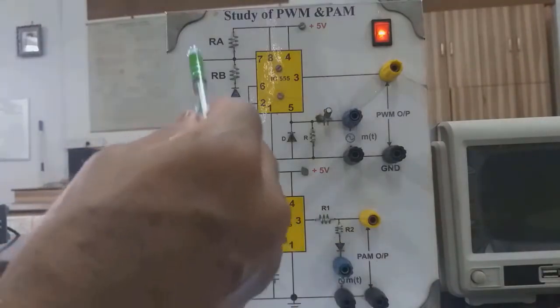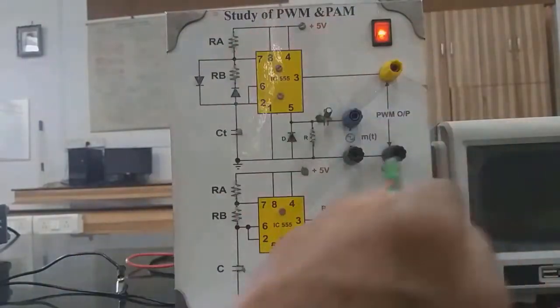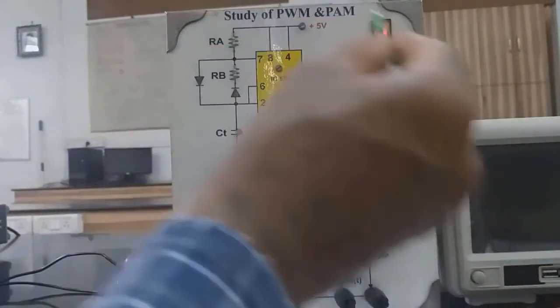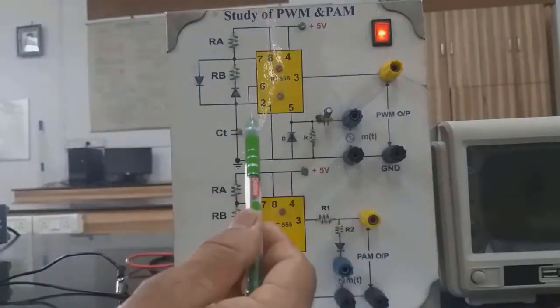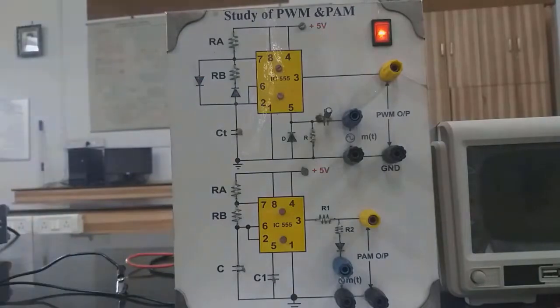First of all, we will study how the pulse width modulated output is generated by this upper part of the kit. This circuit of pulse width modulation is based on a timer IC 555. This IC 555 is basically used in astable multivibrator mode.